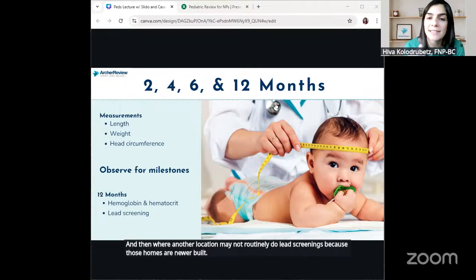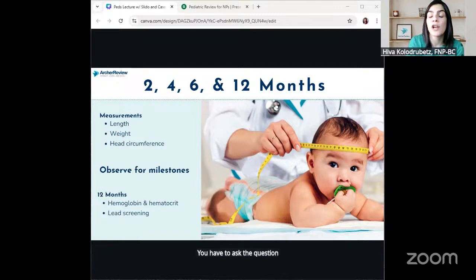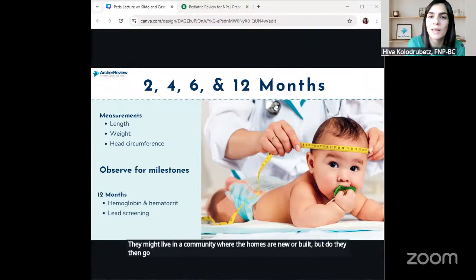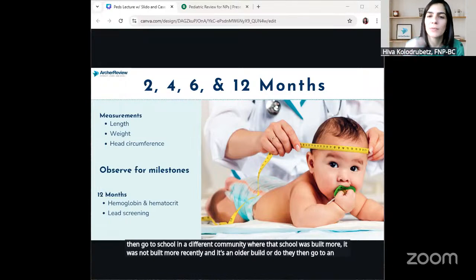You have to ask the question, where does this child spend the majority of their time? They might live in a community where the homes are newer built, but do they then go to school in a different community where that school was not built more recently and it's an older build? Or do they then go to an in-home childcare service where it's an older home as well?